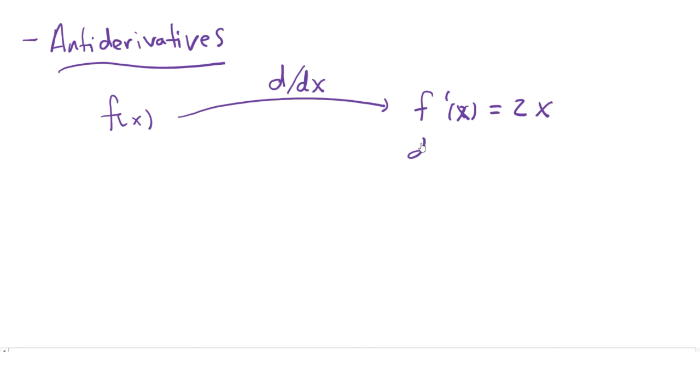And we write the derivative with respect to x of x squared equals 2x for the derivative function. In this context, it is helpful to think of the function being differentiated as the parent. Here it is f of x, which is x squared, and the derivative function as the child.